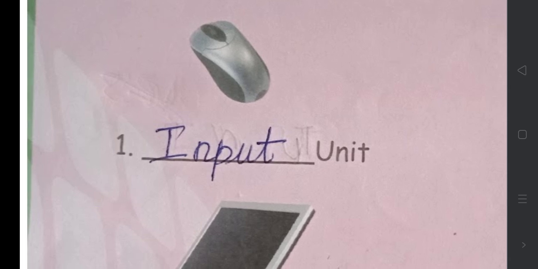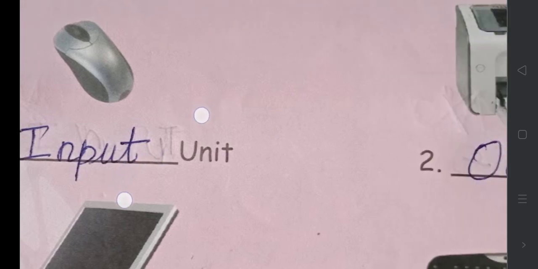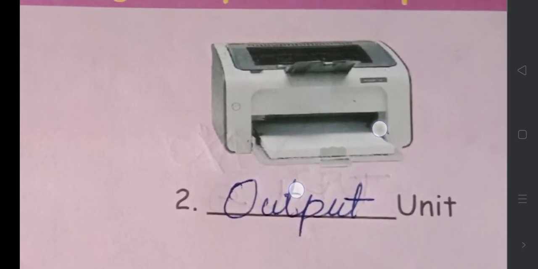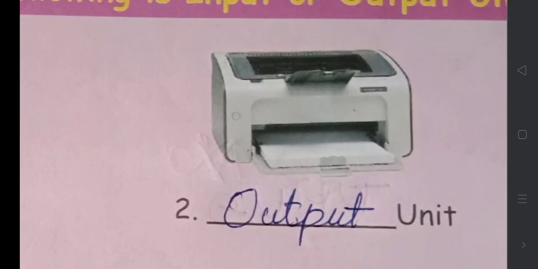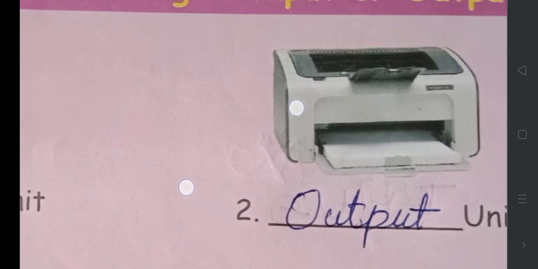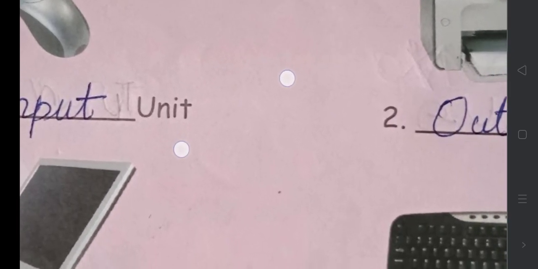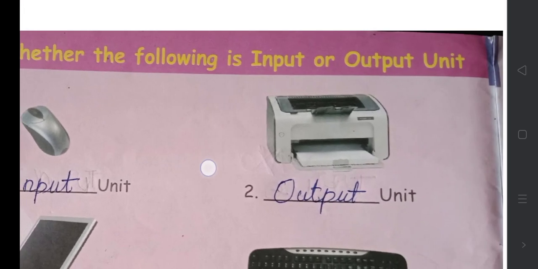The mouse is an input unit. Then you can see here the printer. The printer is an output unit. The mouse is an input unit and the printer is an output unit.